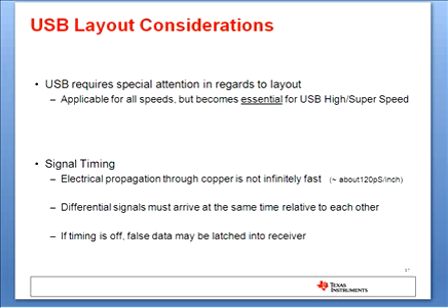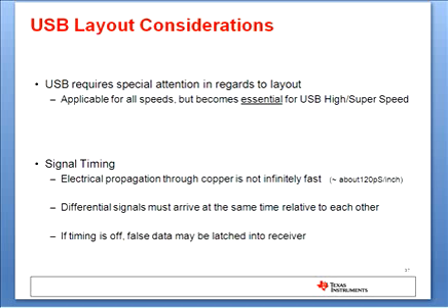Note that this is applicable for all speeds, but layout considerations become essential for correct operation of high-speed as well as super-speed devices. The first consideration is signal timing. Electrical propagation through copper is not infinitely fast. It's on the order of about 120 picoseconds per inch.